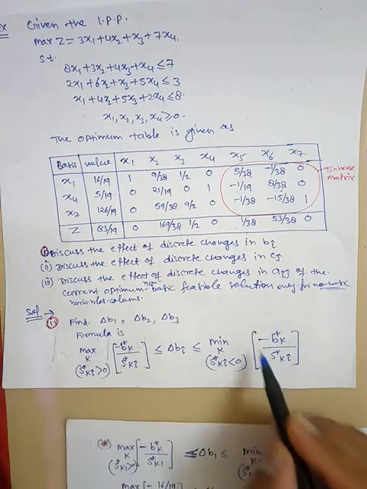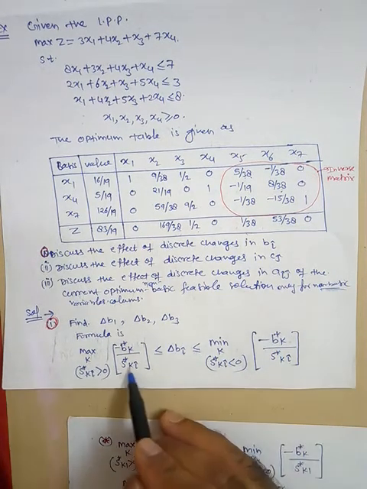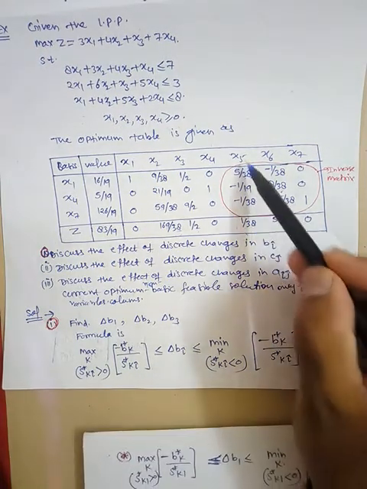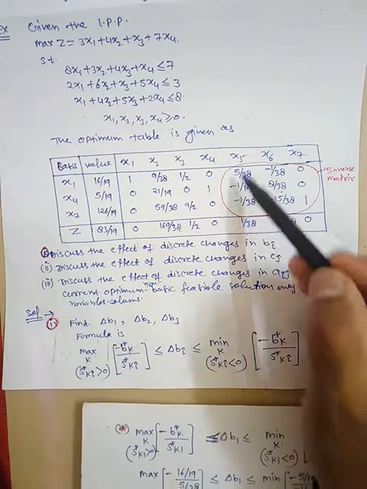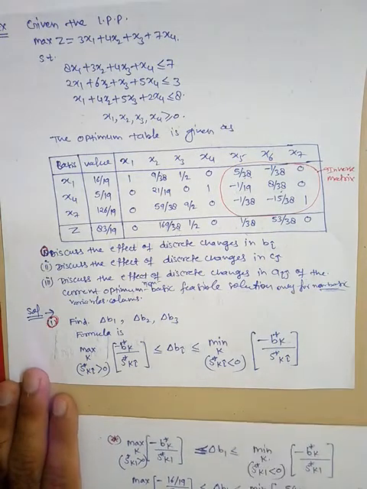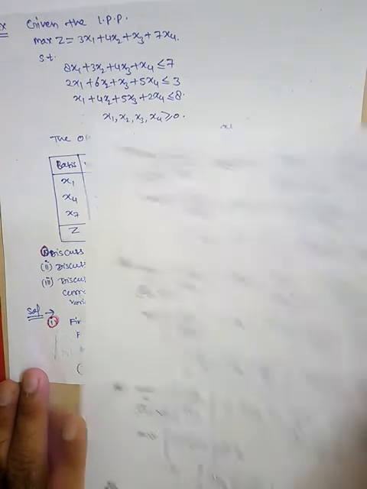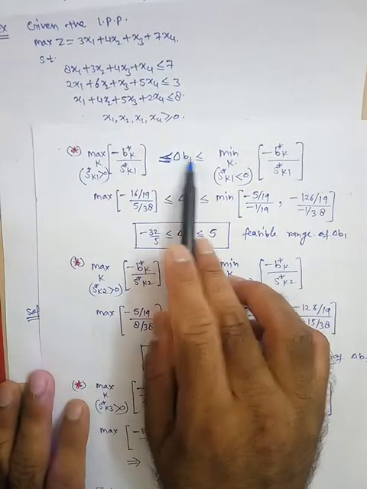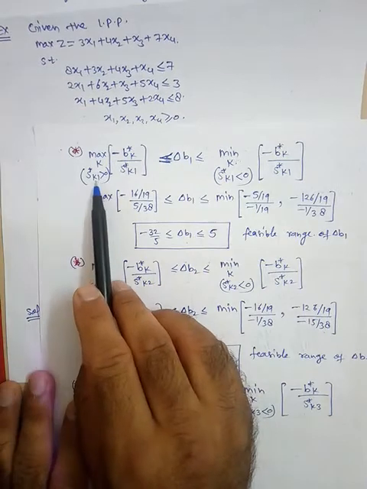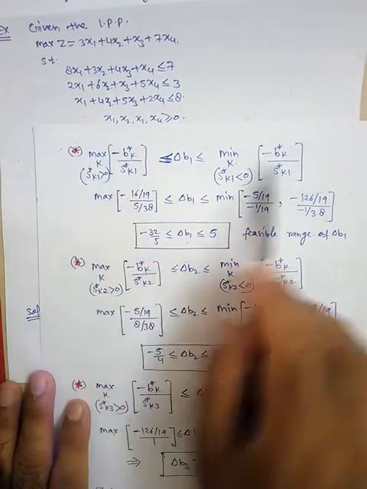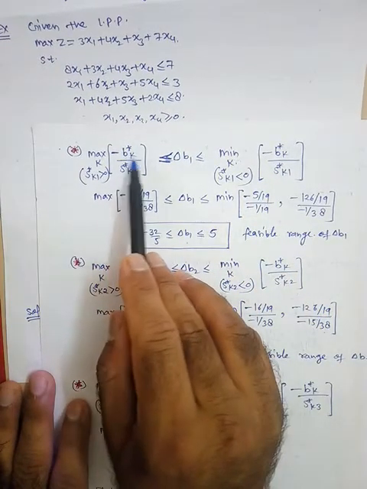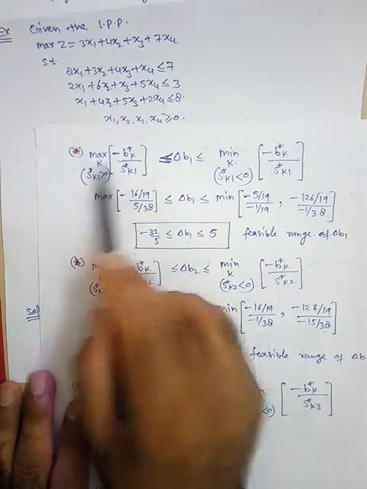So we get minus b star k divided by s star k1. S star k1 means the first column of the inverse matrix. You get this: delta b1 is less than or equal to the minimum of the ratios where s star k1 is less than 0, and the maximum where s star k1 is positive. The ratio is the same, minus b star k divided by s star k1. Here is minimum, here is maximum.